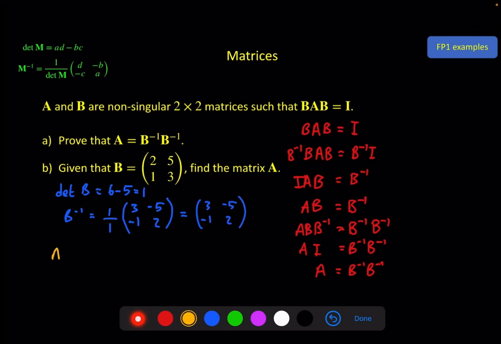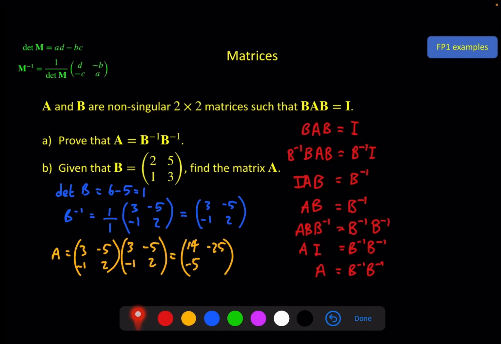Now to find A, I just multiply this by itself, to give 9 plus 5, 14, minus 15, minus 10, minus 25. Second row, minus 3, minus 2, minus 5. And finally, 5 plus 4 is a 9.